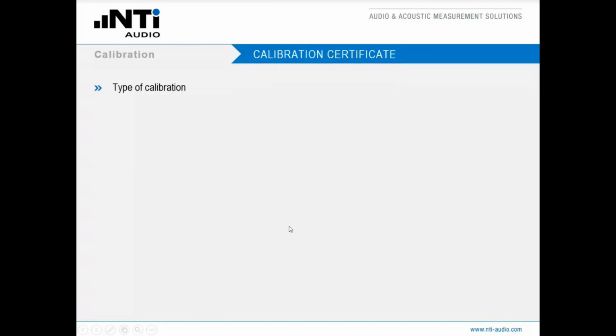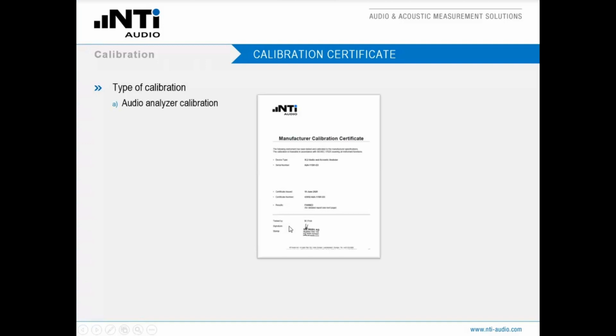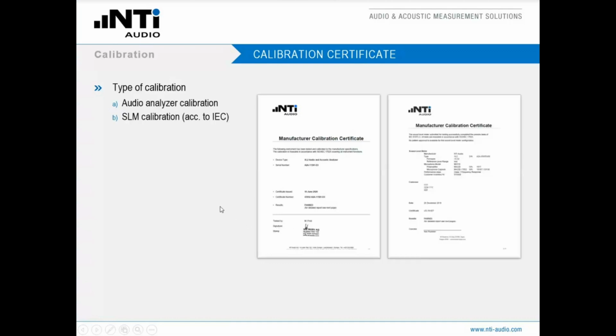And summarize. We have different types of calibration. We have the calibration of an analyzer without microphone, which gives us a certain certificate, or we can do the sound level meter calibration according to the mentioned IEC standard. The content of the certificate always starts with the device information, the serial number, the version of the firmware, all this information.